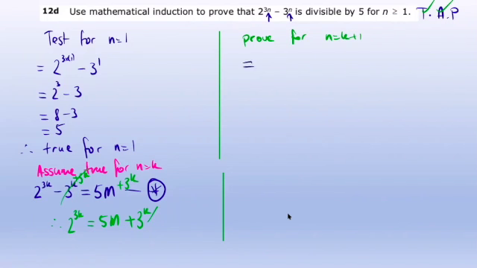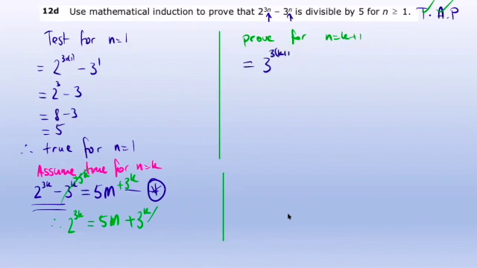These divisible ones sometimes confuse students because they keep an equality going all the way through. No, all we're going to do is write this one as k plus 1. Oh, I've written it wrong again. I apologize. Let me do it again.